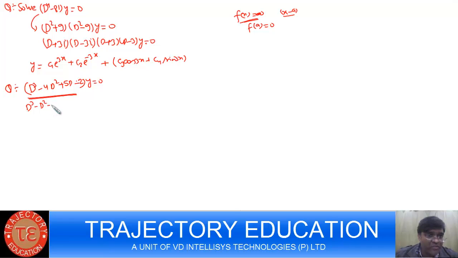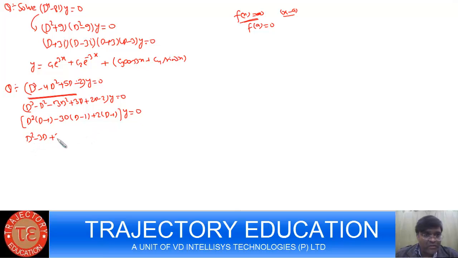So this will be D^3 minus D^2, minus 3D^2 plus 3D, plus 2D minus 2, y equal to 0. All this is (D - 1)(D^2 - 3D + 2)y equal to 0.